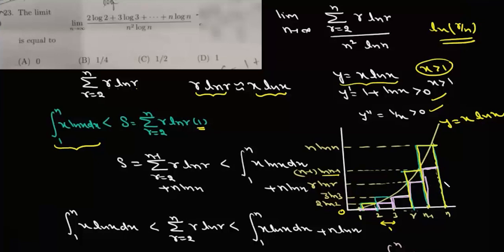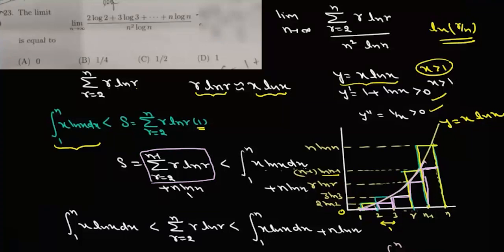So this sum can be expressed as the summation r to n minus 1 of r log r, and it will be less than this integral. Now it will be less than the area of this curve. So it will be less than the integral from 1 to n of x log x dx.